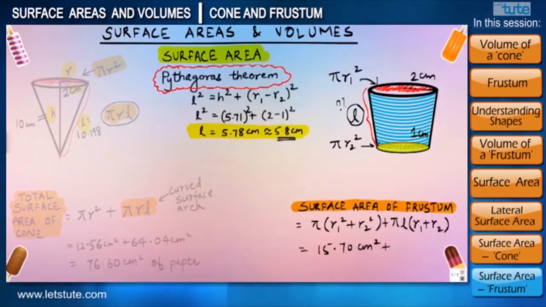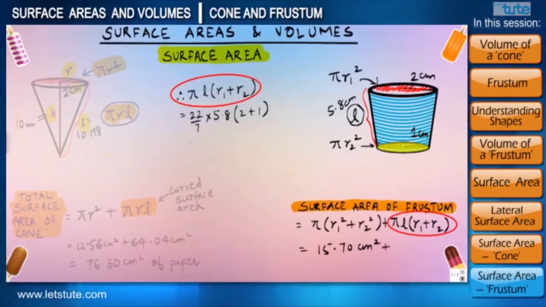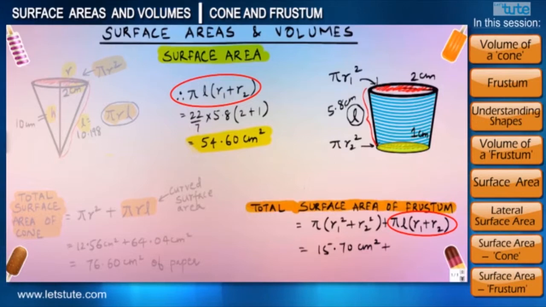And the slant height for the cup we'll get is 5.8 centimeters. Now if you substitute it in the formula for curved surface, we'll get 54.60 centimeters square. So the total requirement of paper for the cup will be 54.6 plus 15.7, which will be 70.3 centimeters square.